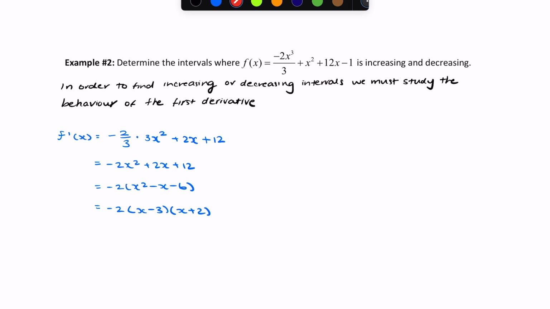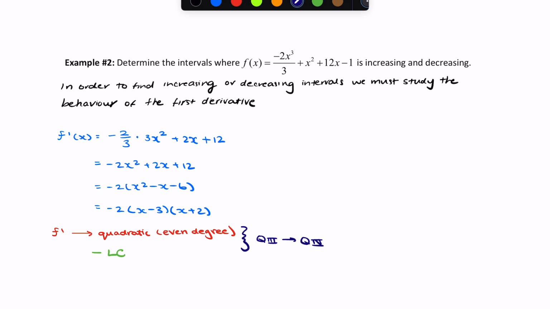So here we see that our derivative is a quadratic, which is an even degree. We have a negative leading coefficient. So here we see that it goes from quadrant 3 to quadrant 4.